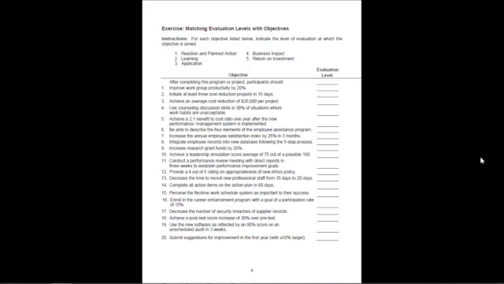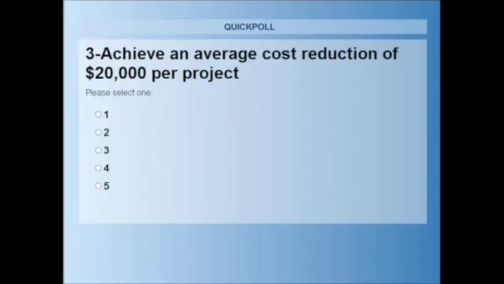This one's a related objective from the same program. After completing this program, participants should achieve an average cost reduction of $20,000 per project. Is that level 1, 2, 3, 4, or 5?